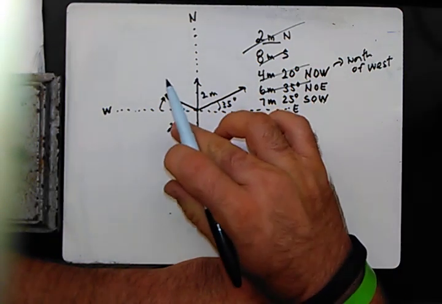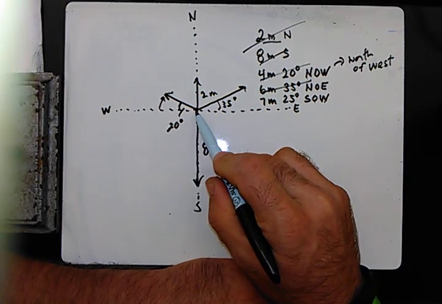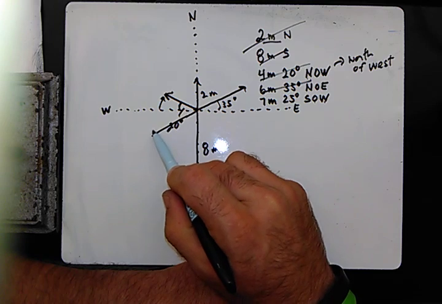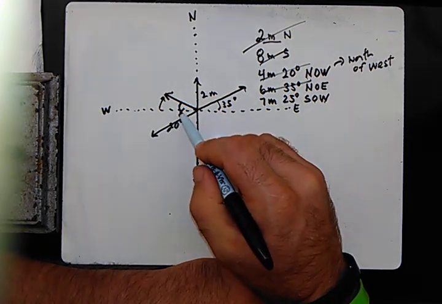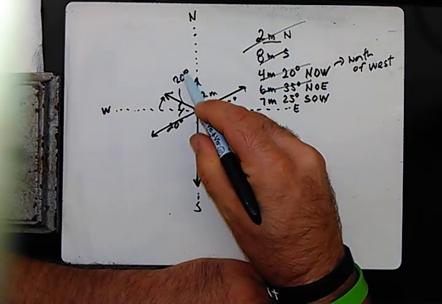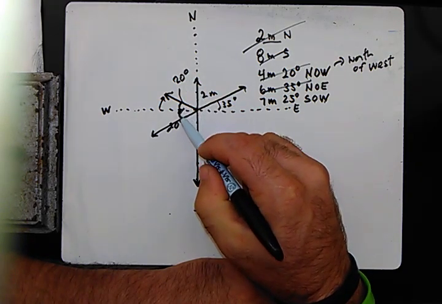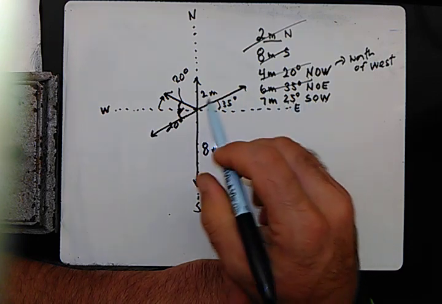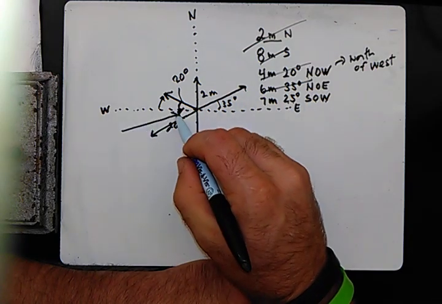So what I would do with that case is draw a vector. Now this one is our 20 degrees that we had before. This angle here is 25 degrees south of west.